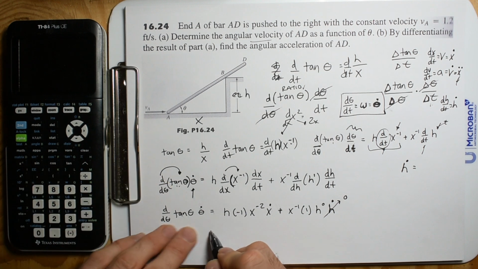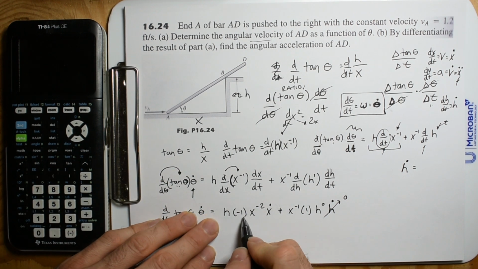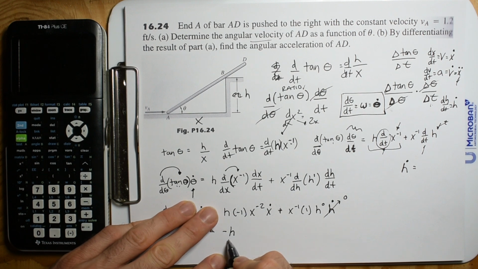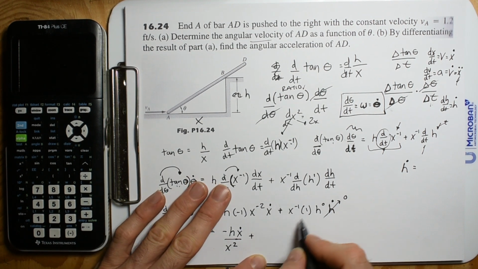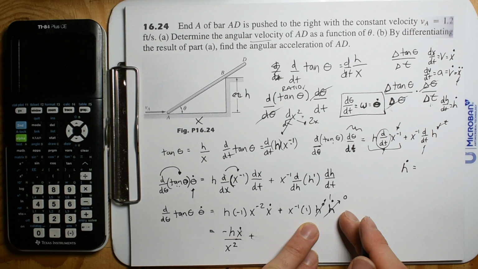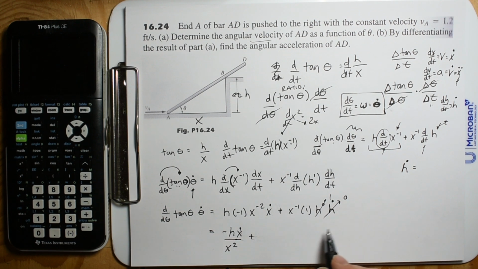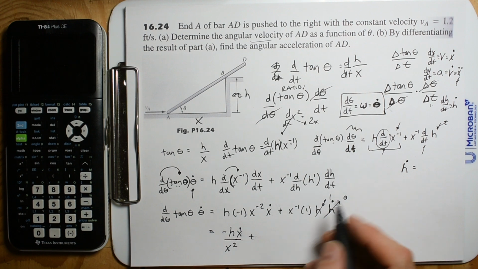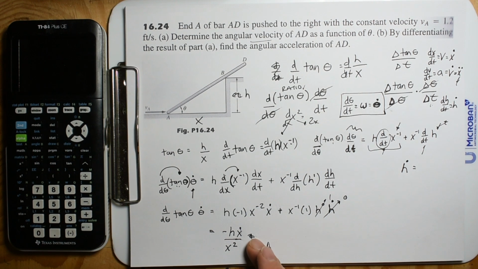I'm still going to keep this the same. This, I'm going to say negative h divided by x squared, and then we have an x dot up top, plus, this is h to the 0, which is just 1, but this h dot, this whole term is just 0, so we're done here.